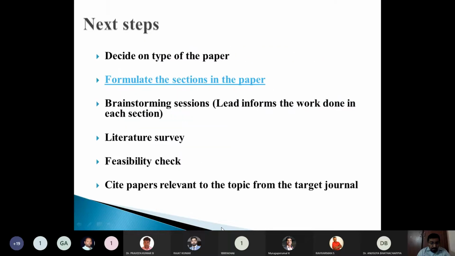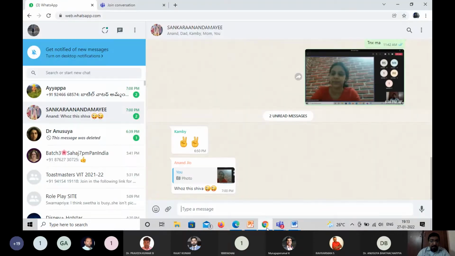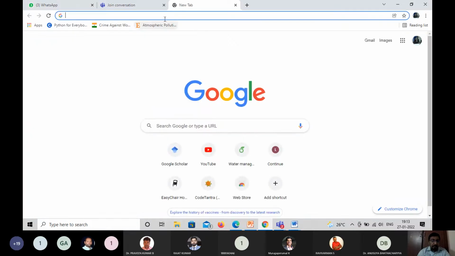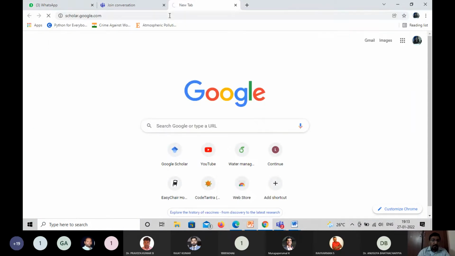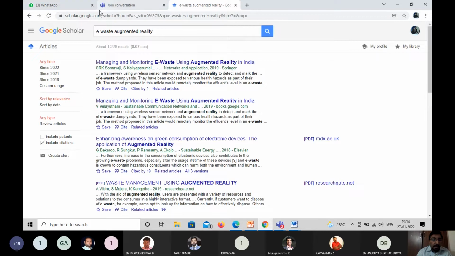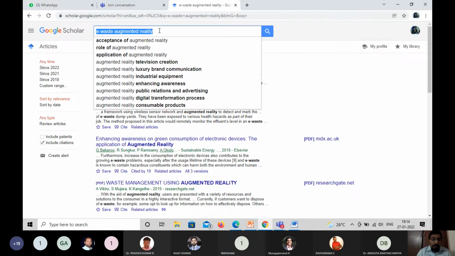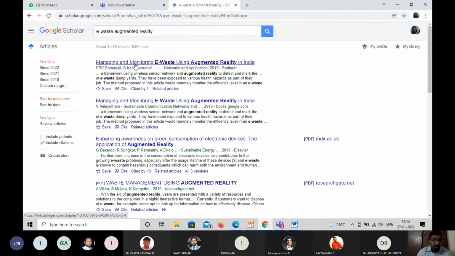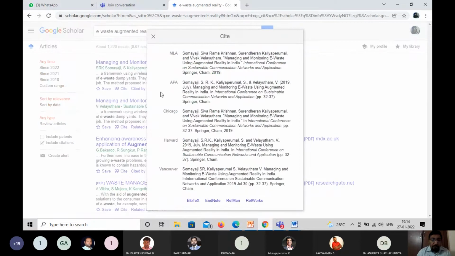Let me quickly show you an example of that. Say I'm going with Google Scholar. Let me go with the topic. Yeah, so this is my topic, e-waste augmented reality. Now, when we are trying to cite this paper, or how do we write this particular thing, most of the journals accept the APA format.